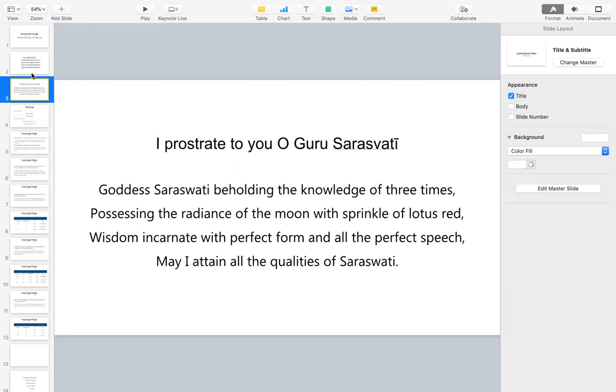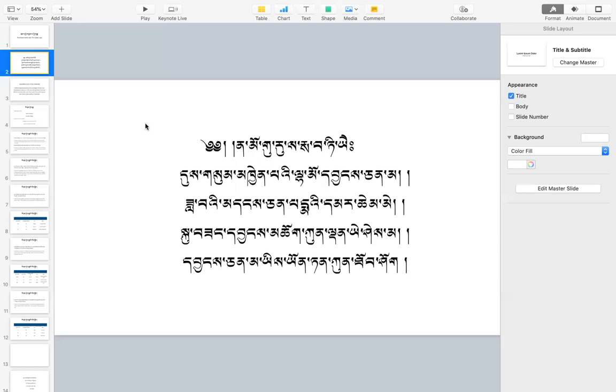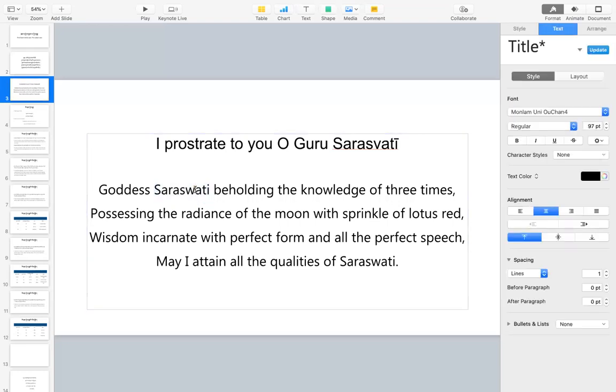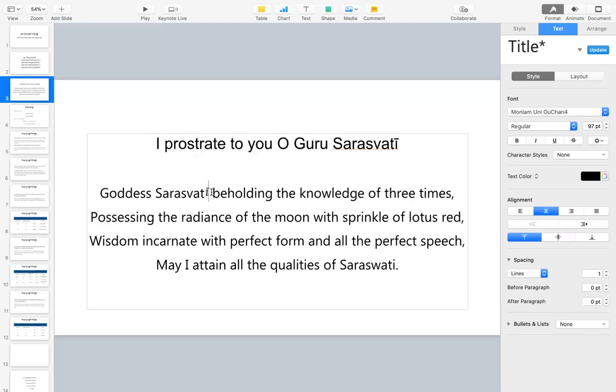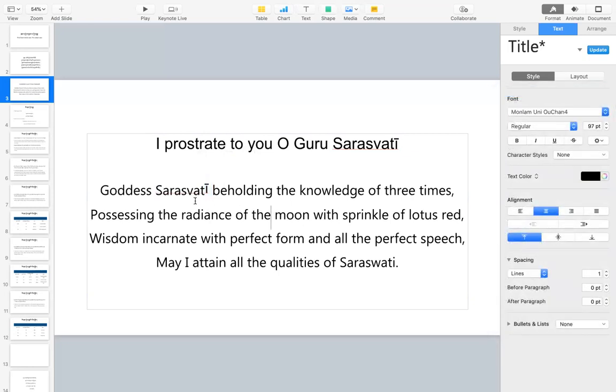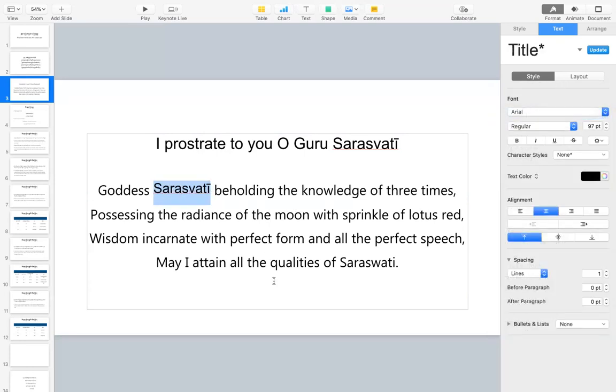The next line, Tusum Kembe Hamo Yangjema, means Goddess Saraswati, who beholds the knowledge of the three times. So Goddess Saraswati, beholding the knowledge of three times.